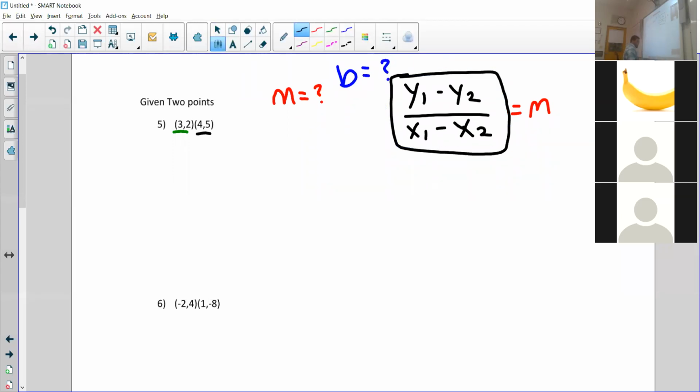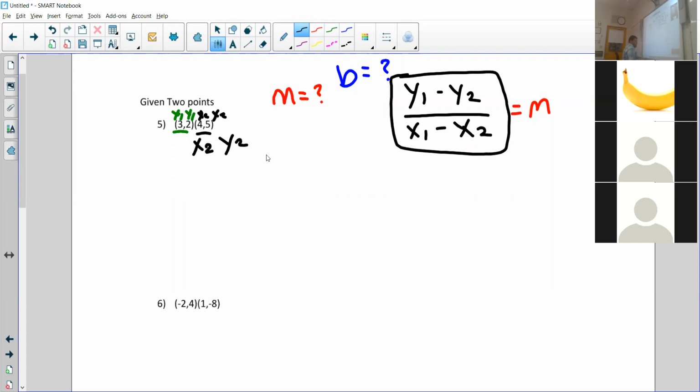So let's start it off. Remember, when we're finding slope, we got to label our points. X1, Y1, X2, Y2. We're going to plug it into the equation over here.